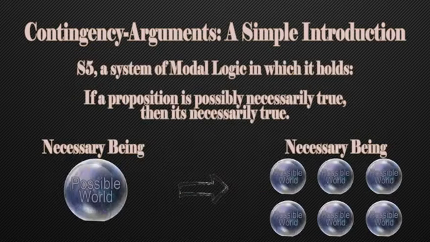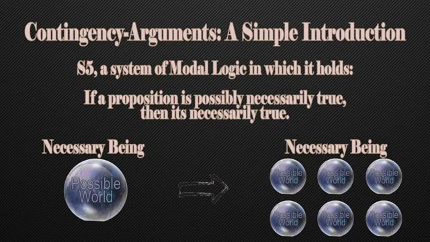In order to validly deduce this, philosophers make use of what is called S5, a system of modal logic that states that if something is possibly necessary, then it's necessary. Philosophers often analyze possibility in terms of possible worlds, maximal descriptions of the way the world could have been or could be. To say that something is possible is to say there exists a possible world in which it is true.